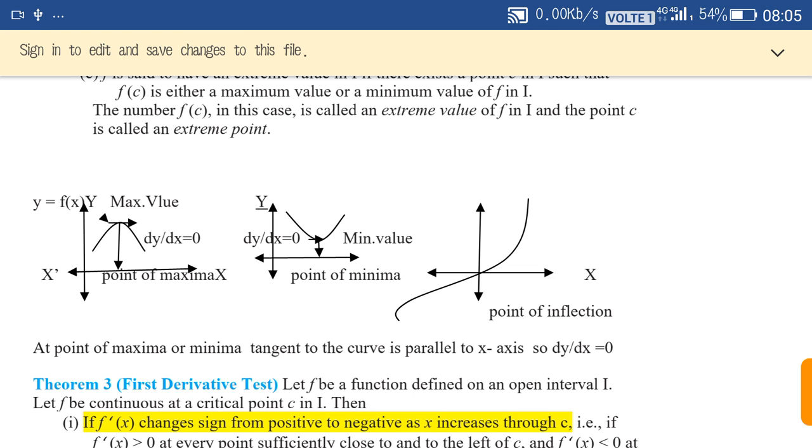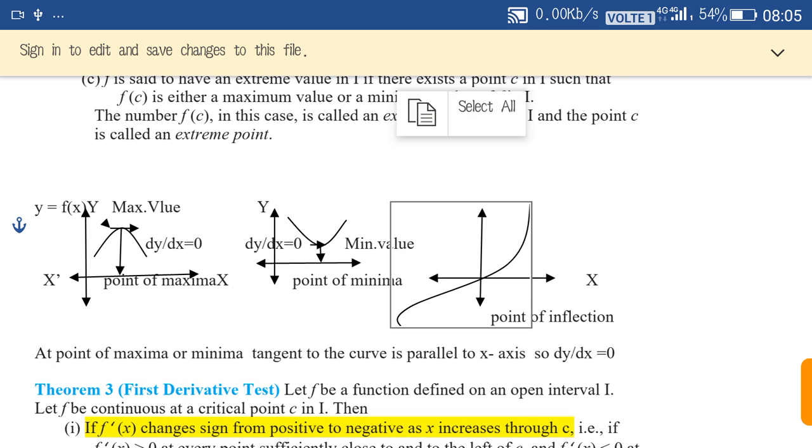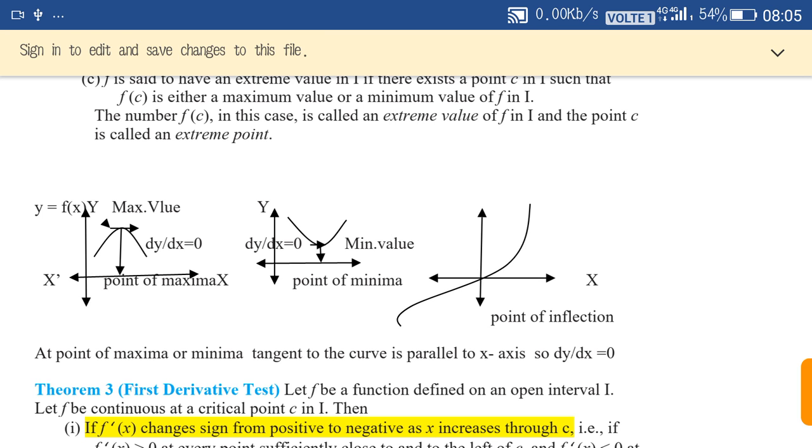And now we see the point of inflection. This is the point. Here is the point of inflection, where the function is neither increasing nor decreasing.